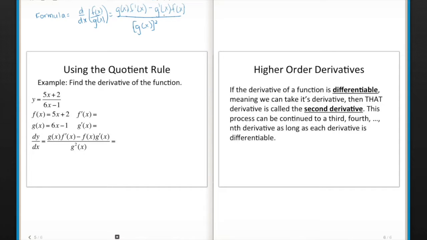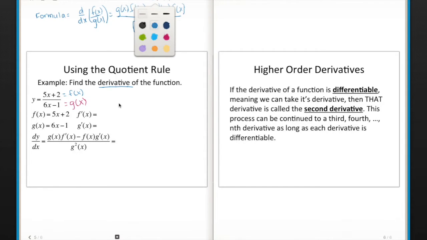And what he meant by that was you start with the function on the bottom and you multiply it by the derivative of the function on top. Then you take the derivative of the function on the bottom and multiply it by the function on the top. And he used the word proceed because it reminds him of the product rule. It's very similar, there's just the minus sign. And then you square the bottom function, not the derivative of the bottom function, but the bottom function itself.